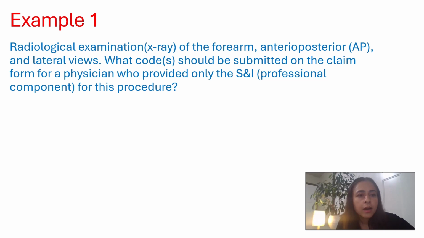Example 1. Radiological examination, X-ray of the forearm, anterior, posterior and lateral views. What code should be submitted on the claim form for a physician who provided only the S and I, supervision and interpretation? That is the professional component for this procedure.